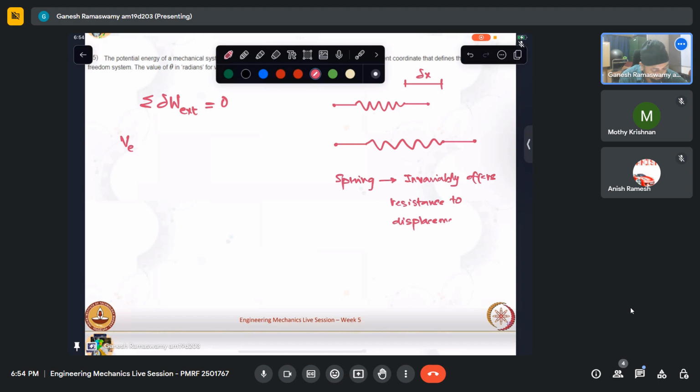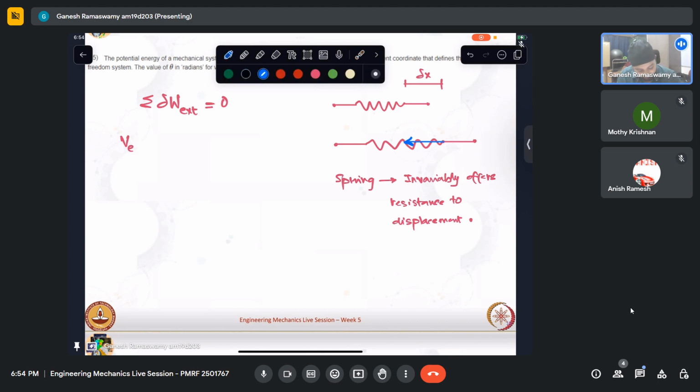Meaning, if I compress the spring, it will push to get to the equilibrium position. If I elongate the spring, it will again pull. That is the nature of the force induced in the spring and the displacement are invariably opposite in nature. I have given a displacement like that, and the force that sets up in the spring is like that. So it is always negative.